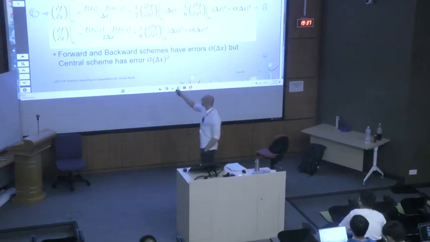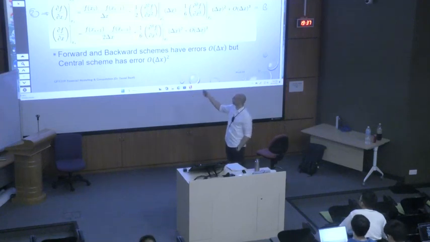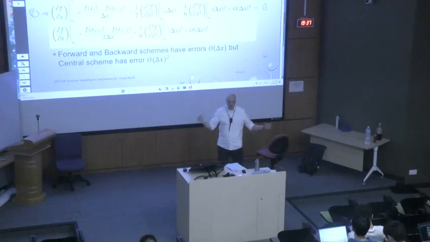If I just use this as an approximation, this is my discrete derivative, then I will have an error between the discrete and true derivative of order delta squared. So this averaging over the neighbors is a much better approximation of the derivative than just the naive going to either the left or the right.